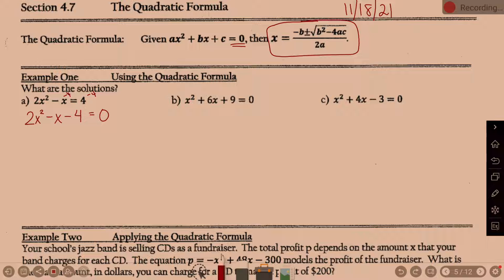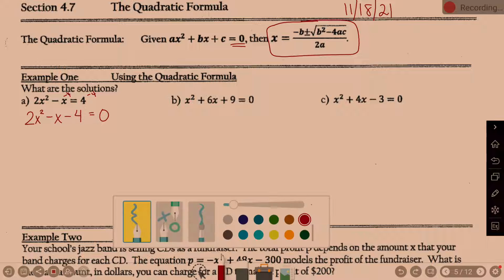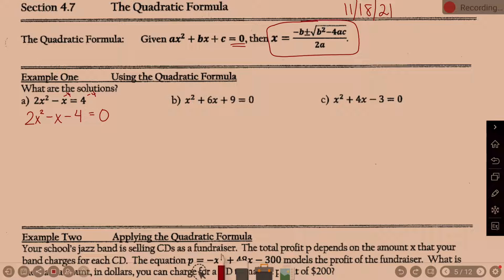Can you tell me your ABCs? A is 2 because it's in front of x squared. B is negative 1, the invisible number in front of x. C, after I made it equal to 0, this plain old constant is negative 4.